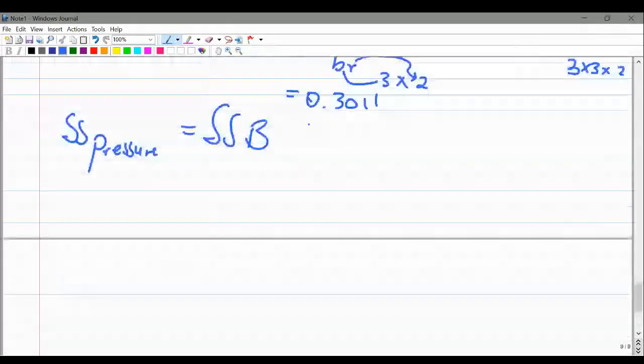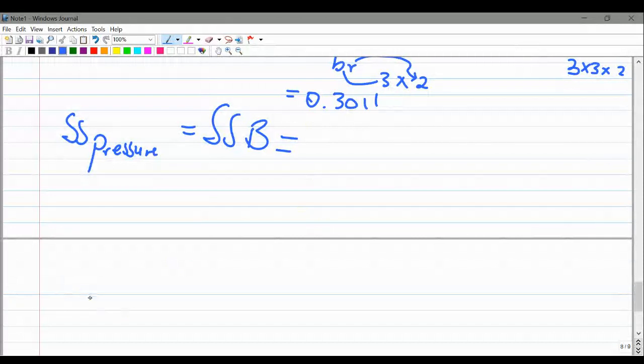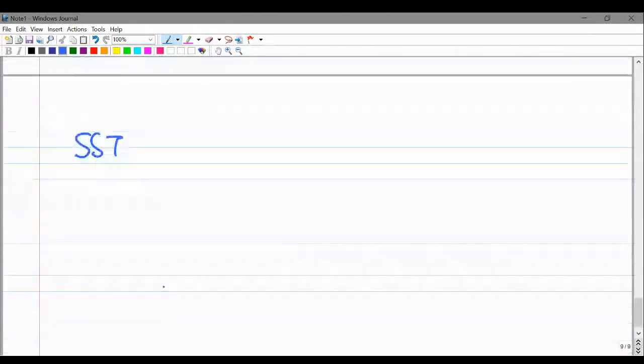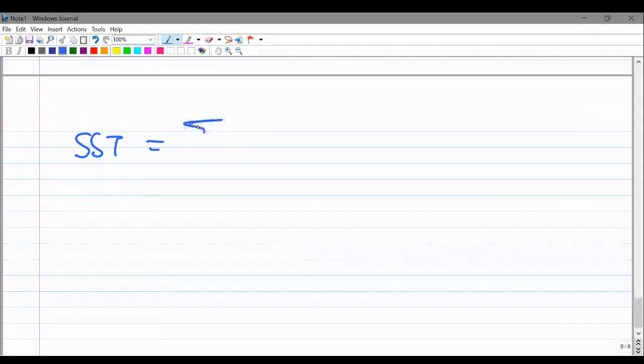With the pressure, right? Now you are focusing on the pressure. I want to emphasize how to deal with this new guy, SST. SS treatment, I said you'll be using the values from each cell, I, J dot.